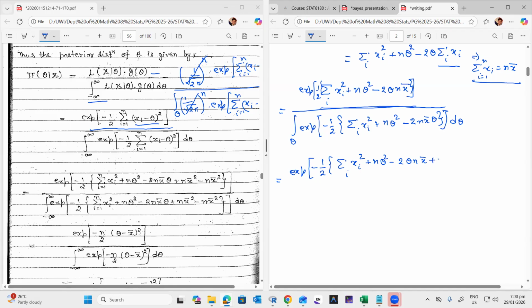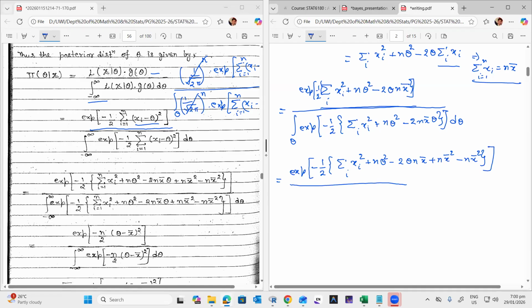Now add n x bar square minus n x bar square. Will it make any impact on the expression? Because it will cancel out, so it will be 0. So it will not make any impact on the expression.